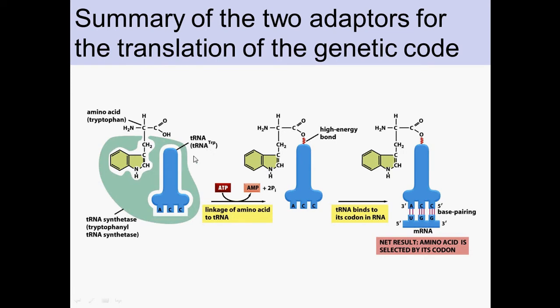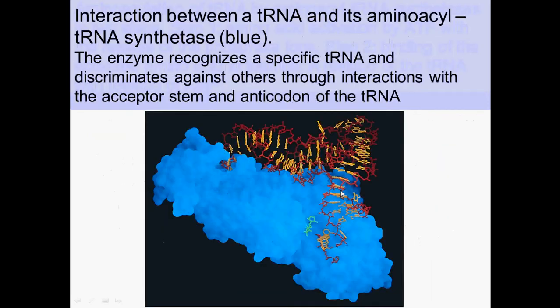This tRNA is supposed to be carrying tryptophan, and ATP is being used, and then over here on the A residue we have the tryptophan being added, and then over here we have the anticodon and codon locking, and the tryptophan is going to be encoded. The tryptophan is going to be used in the translation process.